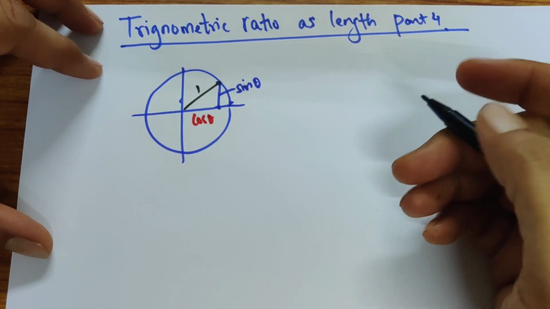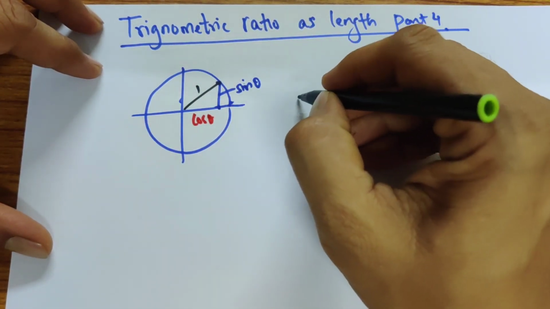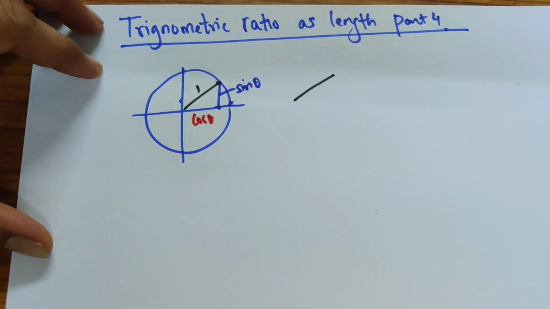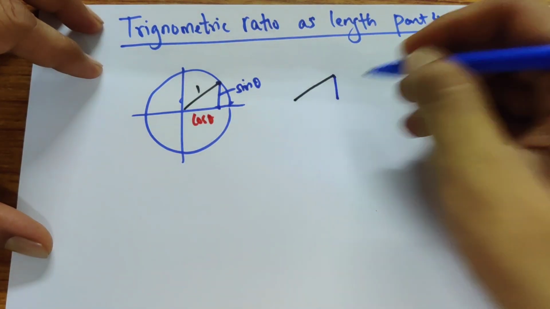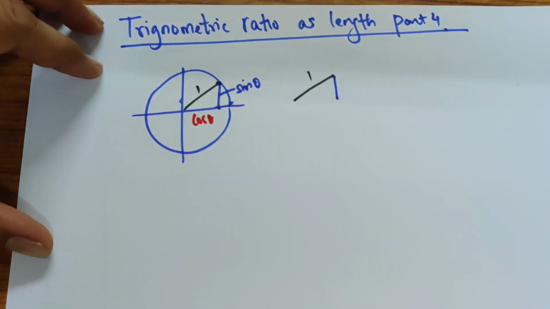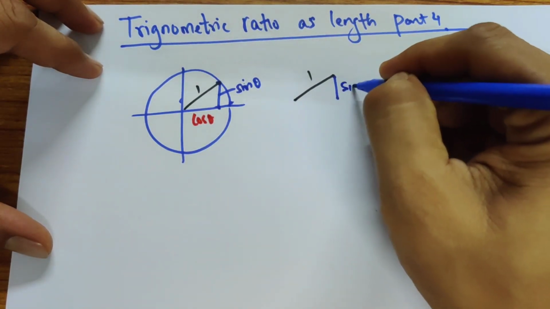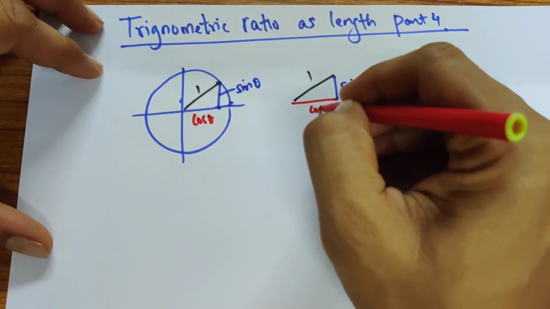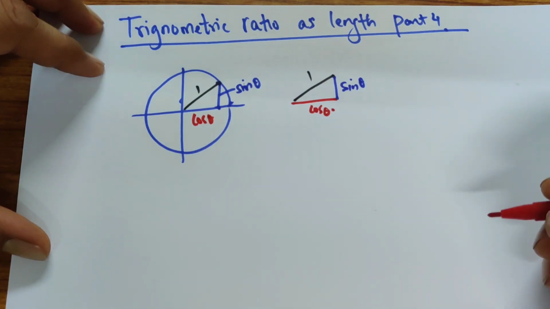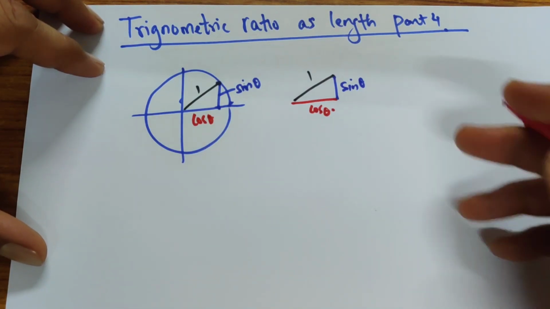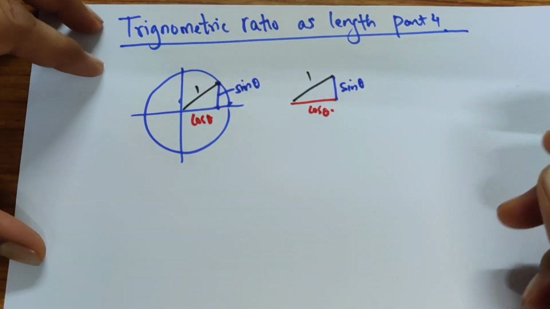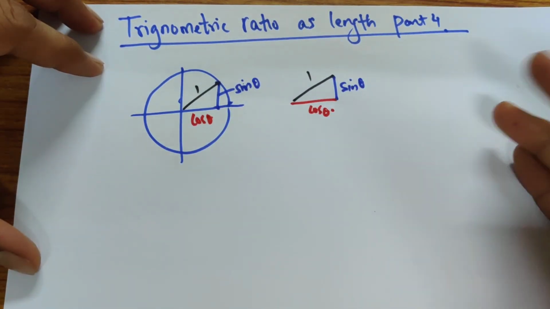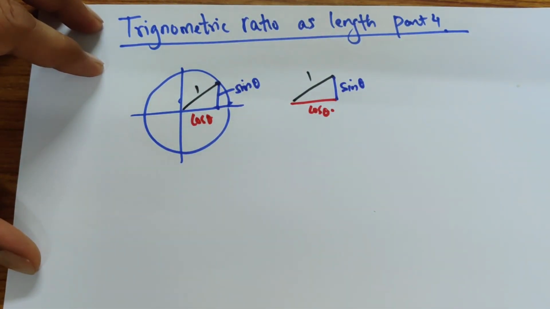But there's a much simpler explanation for it. A simpler way of looking at it: you have the original triangle, you have 1, you have sine theta, you have cos theta, and in this case this ratio was 1. I can get similar triangles by multiplying and dividing by anything.